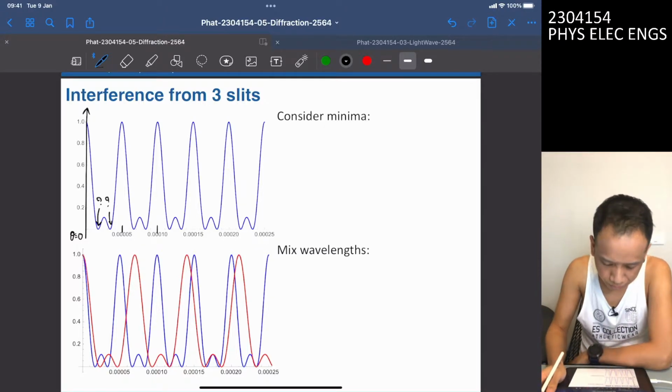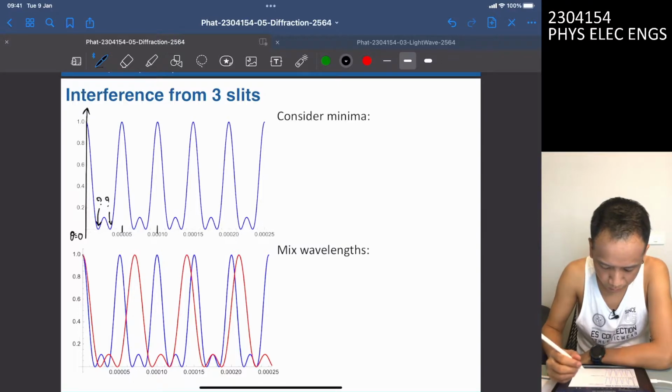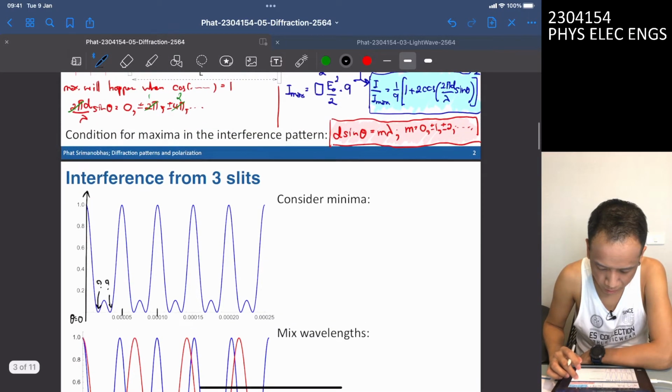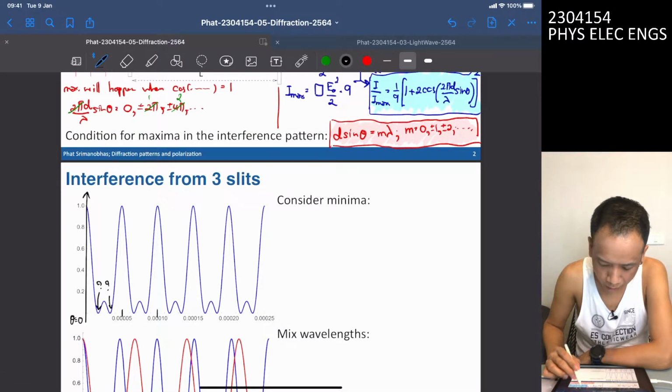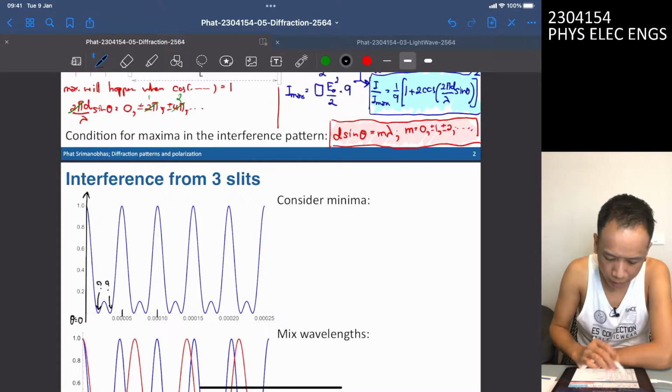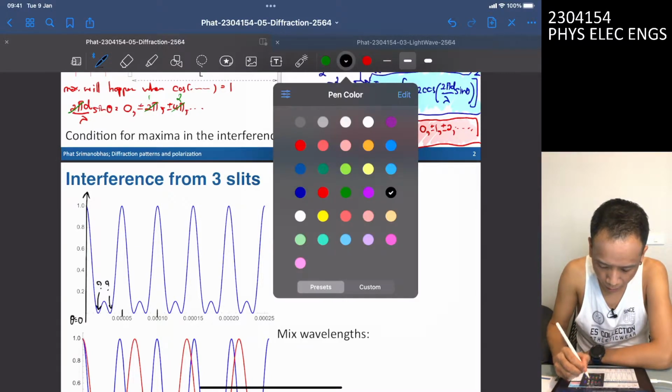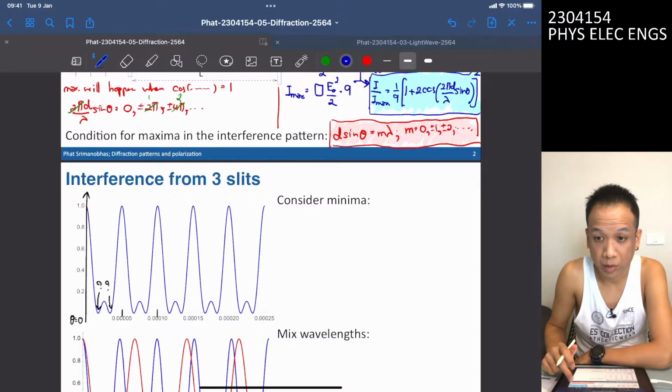So let's go back to the intensity. The intensity becomes a minimum when it becomes 0, right?